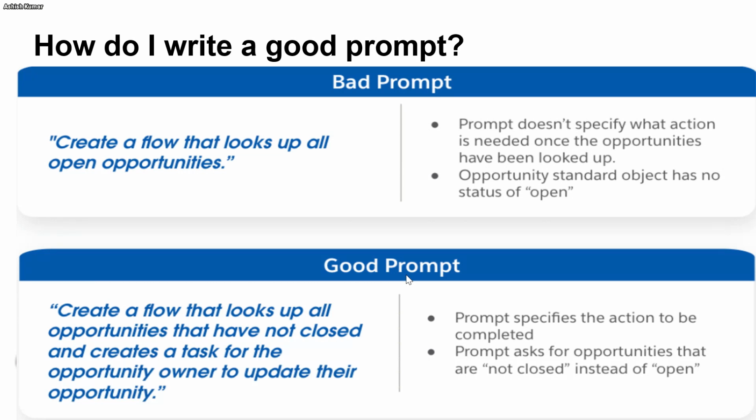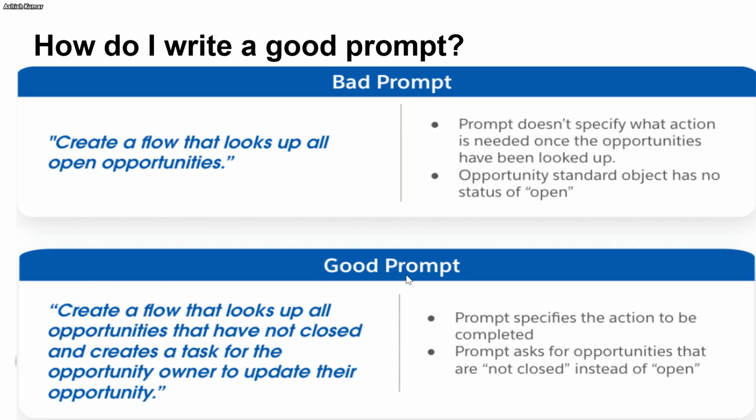Now let's see a good prompt. A good prompt creates a flow that looks up all the opportunities that have not closed and creates a task for the opportunity owner to update their opportunity. Here, the prompt specifies the action to be completed, and it targets opportunities that are not closed instead of open.